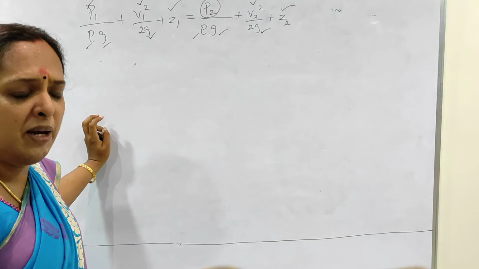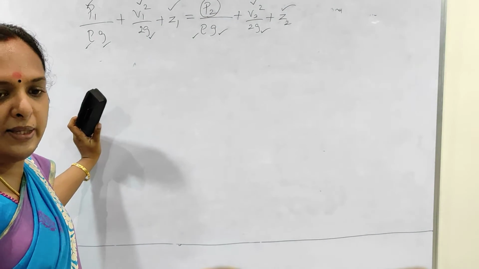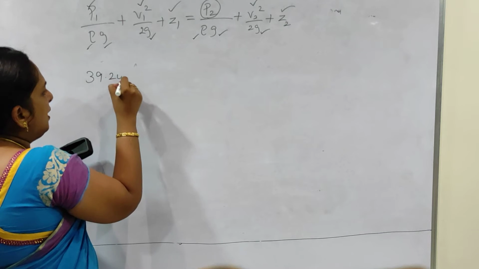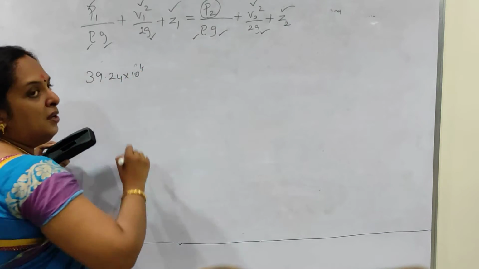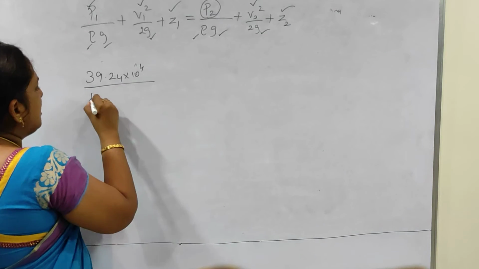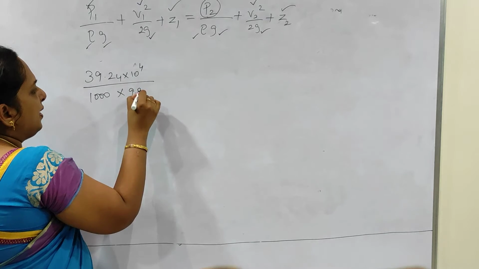Okay. So here I am going to substitute the value of P1 and other things. What is P1? Just now we have the value in the question, 13.24 into 10 to the power of 4. So that is known, and rho is always constant, it is 1000 because it is water, and G is 9.81.